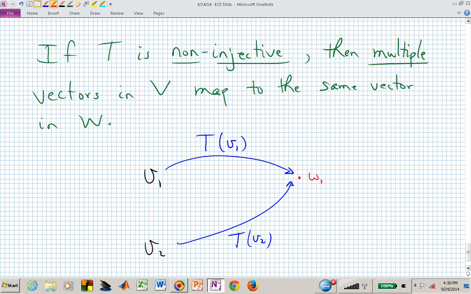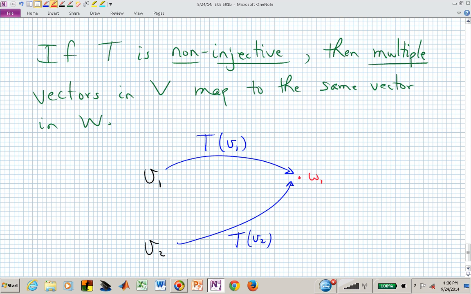So V sub 2 could be made up of a linear combination of V1 plus a vector in the null space of T. Not always, but now that it's non-injective, we know we can find multiple vectors in the domain that map into the same point in the codomain.